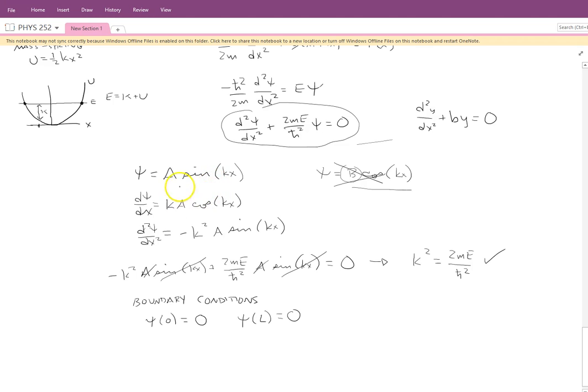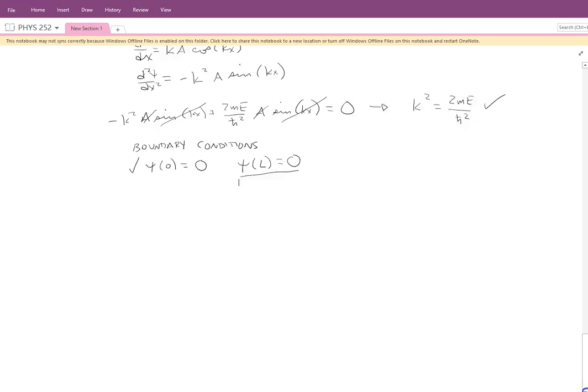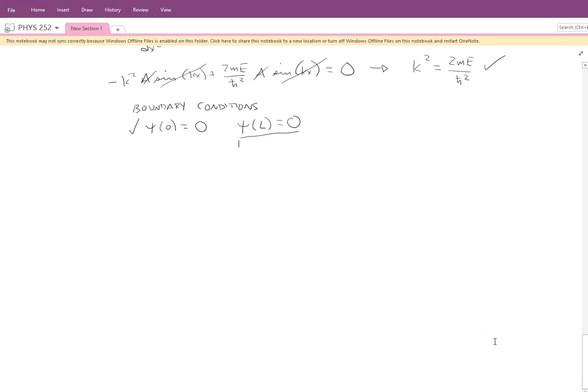Okay, now, what about if we work just with the sine function? Well, we can definitely satisfy this condition, because if I put x equals 0 in there, the sine of 0 is 0, and we've got 0. Now we have to make sure we satisfy this boundary condition. So let's apply that to our sine solution.